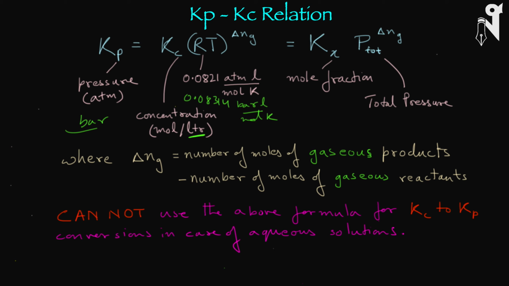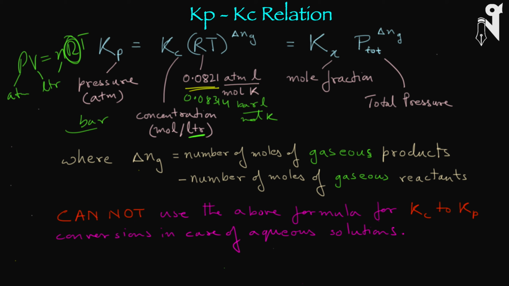So the corresponding value in your PV equals nRT: if you use n in moles, V in liters, and P in atmosphere, then the corresponding R value is 0.0821. That is the value of R you have to use when converting between Kp and Kc. And if K in terms of mole fraction is asked, you can further use this.